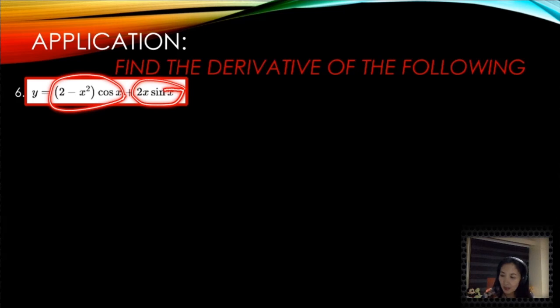Look at the first: 2 minus x squared times cosine x. And the second: 2x times sine x. So we have to apply both the sum and difference rule and the product rule.